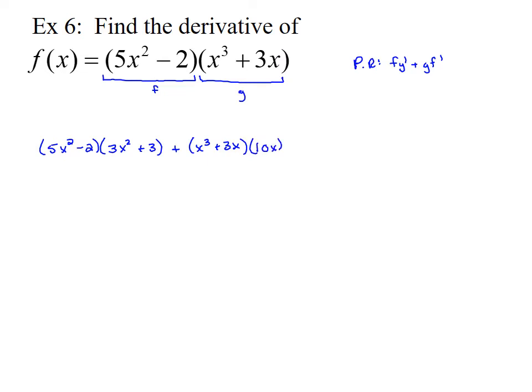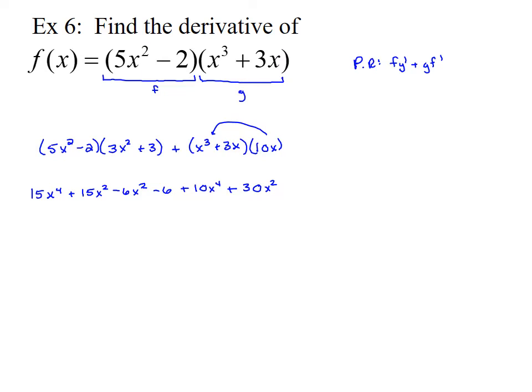Now you will need to multiply all this out to simplify it into one function, so let's do that. The first two terms you can FOIL, which will give you a 15x to the fourth, a plus 15x squared, a minus 6x squared, and a minus 6. And then on the last one, if you just distribute that 10 through, that is a 10x to the fourth plus 30x squared.